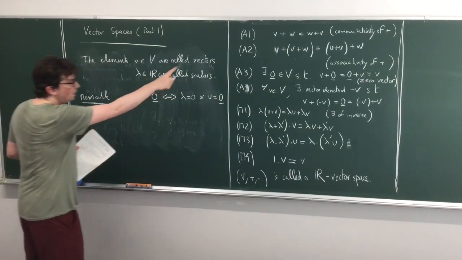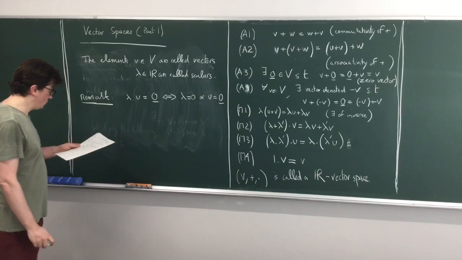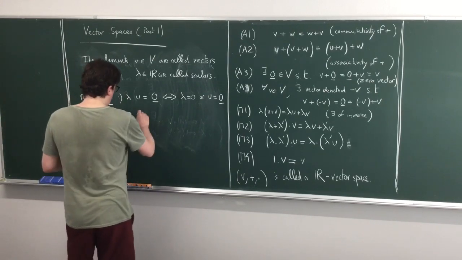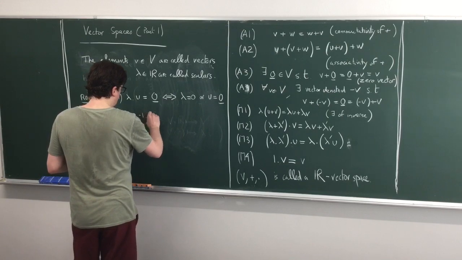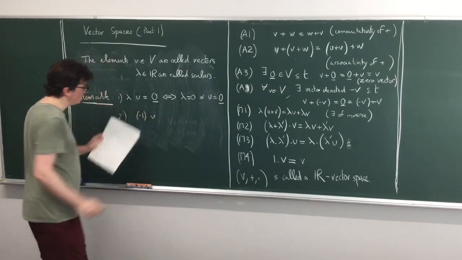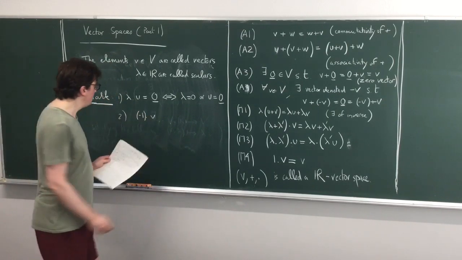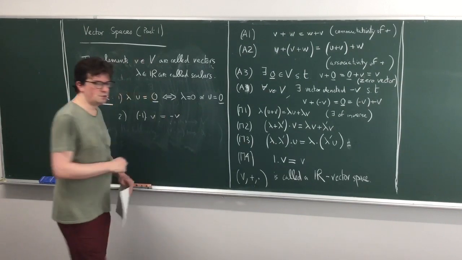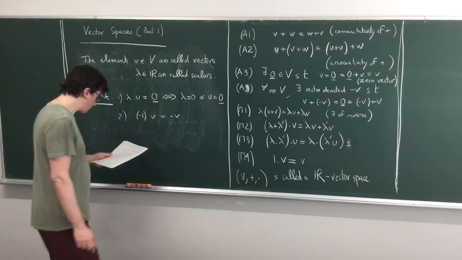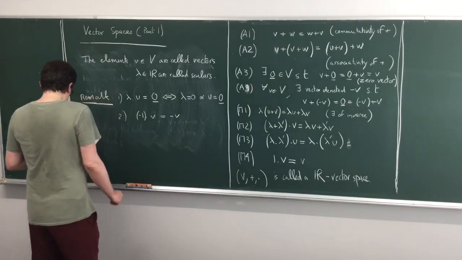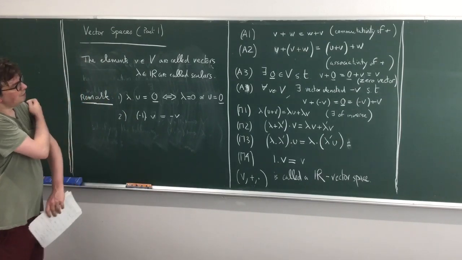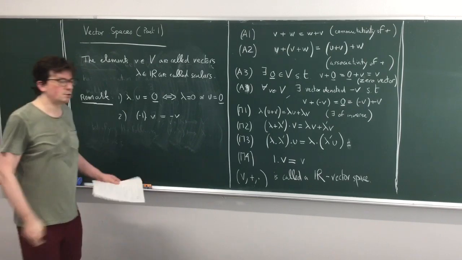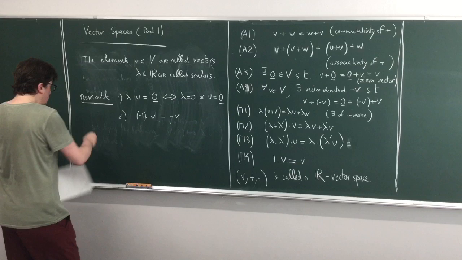You can deduce this just from these conditions. Another remark is that -1 times v, so if you multiply the scalar -1 by v, it is actually equal to minus v, which is the inverse of v. Okay, now I would like to give you examples of vector spaces. So we are going to see a lot of examples.